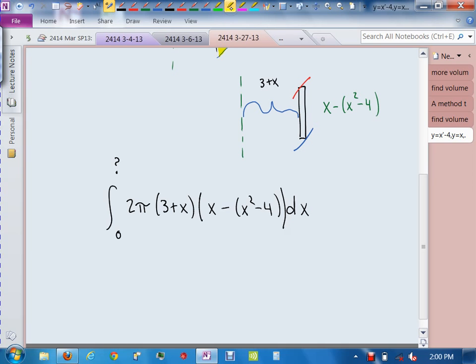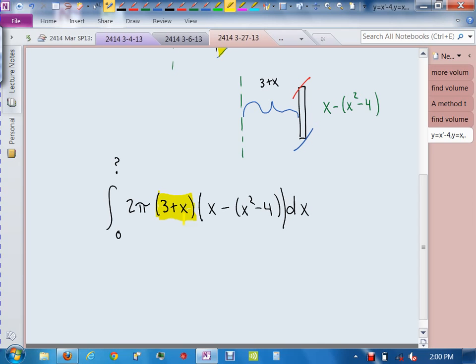So I'll highlight the big difference in this problem. The big difference in this integral is the 3 plus x. Will that part stay the same, the x minus x squared minus 4 dx, so just the x changes? Just this.